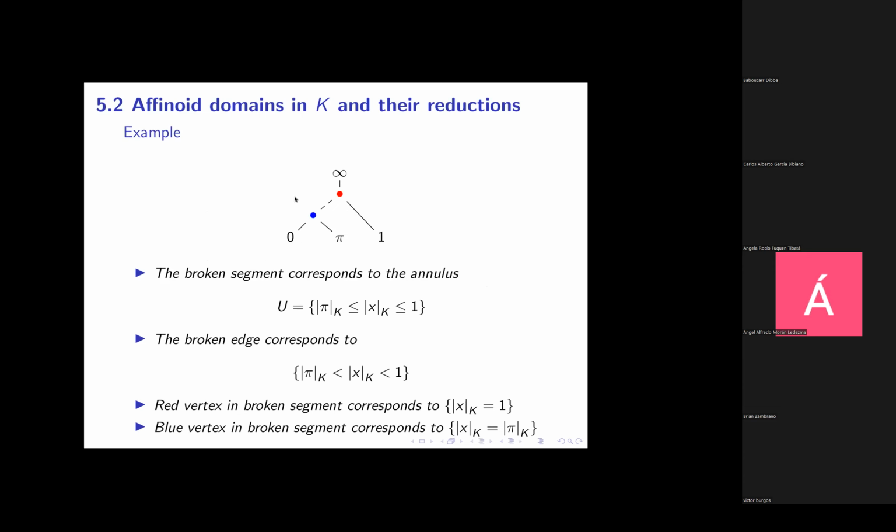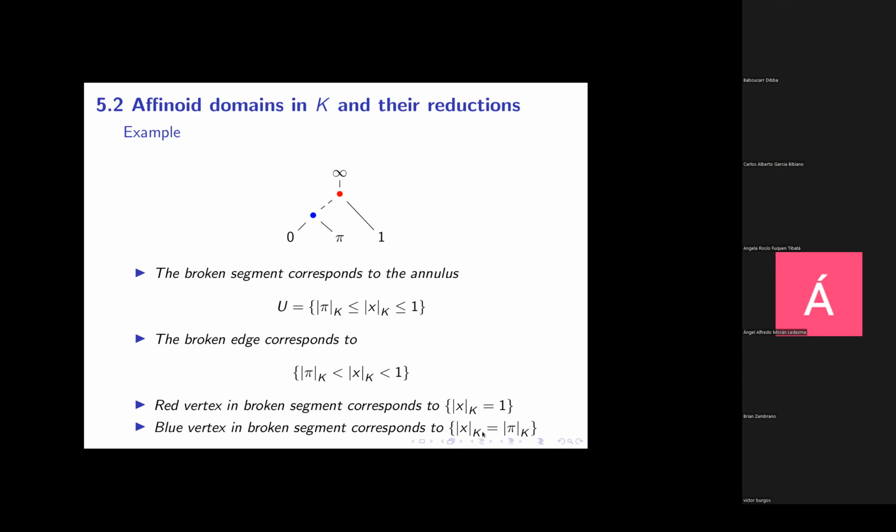An example here is where we're interested in this segment between the red and the blue vertices connected by this dashed edge. It lies inside the Bruhat-Tits tree. This is depicted by showing that there are paths, infinite paths to points, namely infinity, 1, 0, and the uniformizer pi in this example. And the broken segment corresponds to this annulus that we had before. Remember, you have a covering? Small disk, corresponding to the blue vertex, here down below.